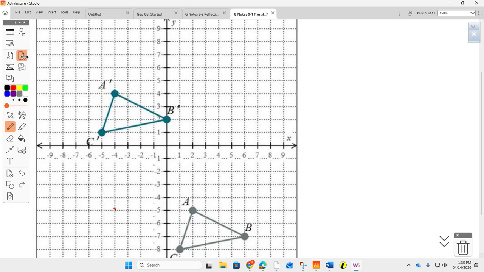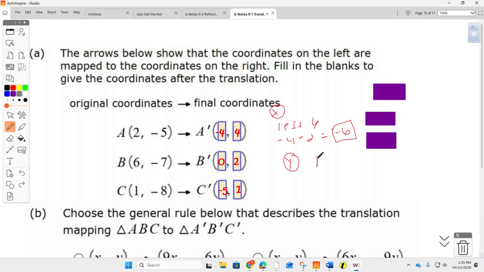So we see that it was up 9, and we can double check that with 4 minus negative 5. So the new minus the old, which is what I messed up a second ago, right? So let's see if that rule works for all of them. Negative 5 plus 9 is positive 4. Negative 7 plus 9 is positive 2. Negative 8 plus 9 is 1.